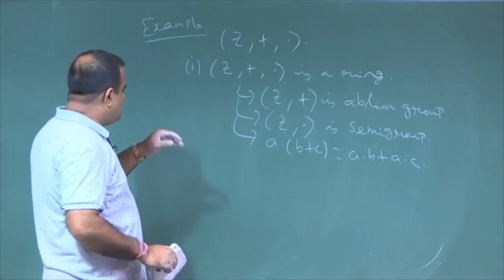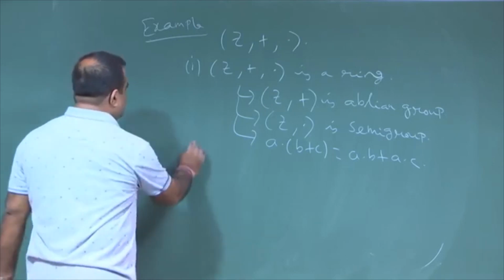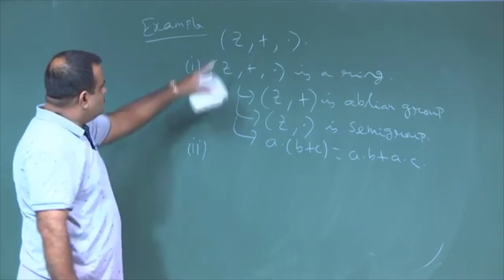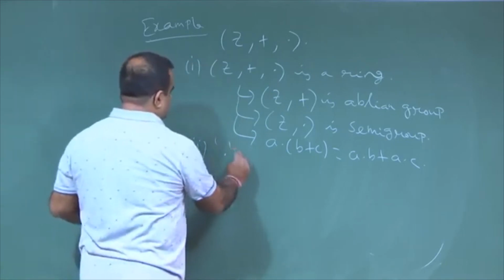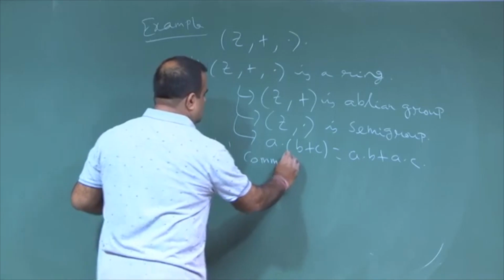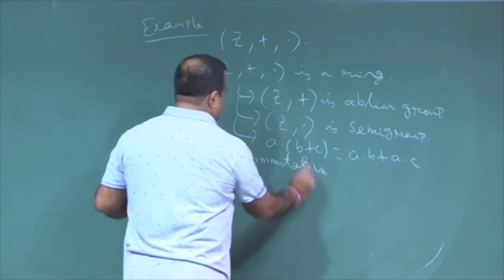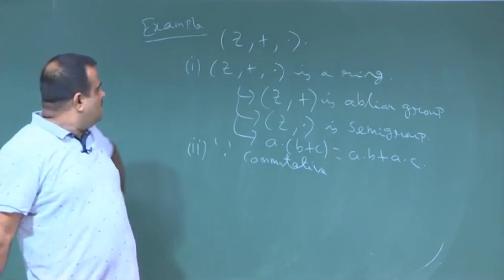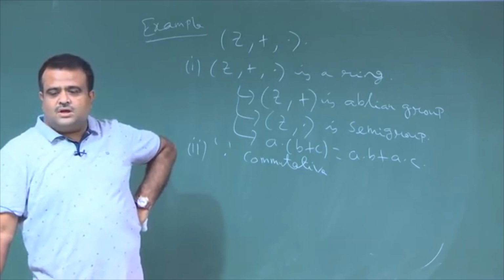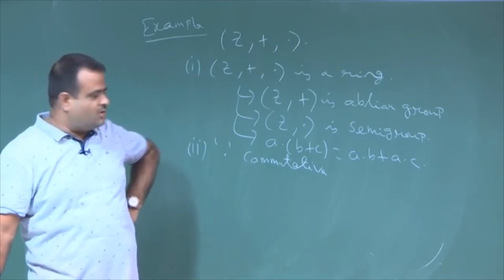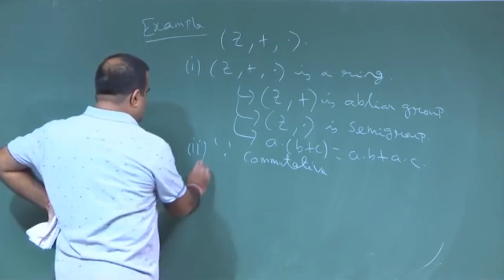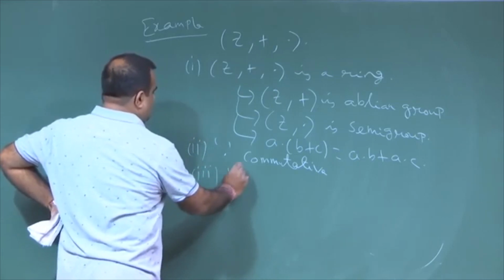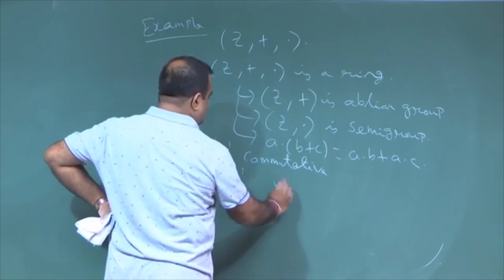Now, this is a commutative ring, because this is the real number multiplication, and this is over Z. So, we know the real number multiplication is commutative. Also we know there is an identity element 1 such that if we take any integer, a times 1 is a.